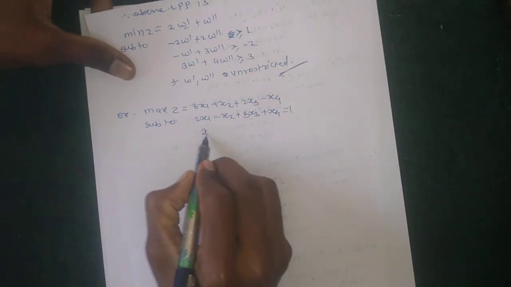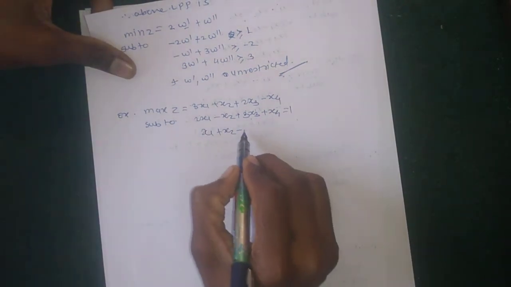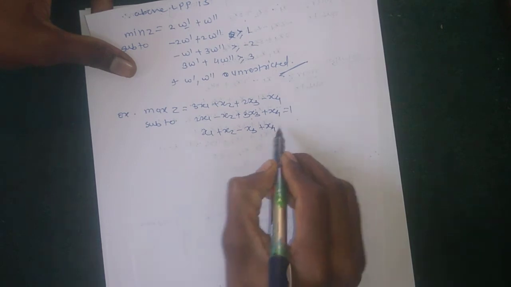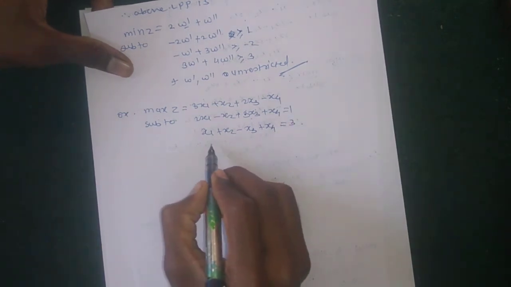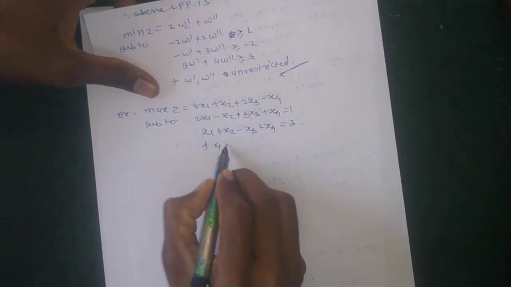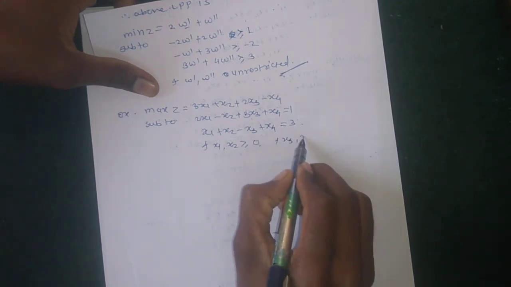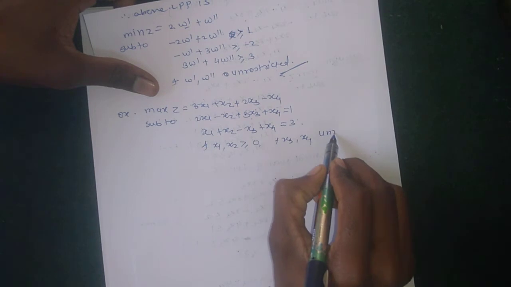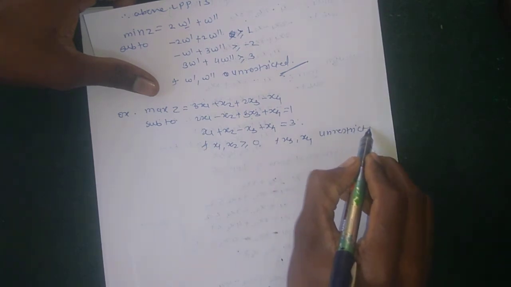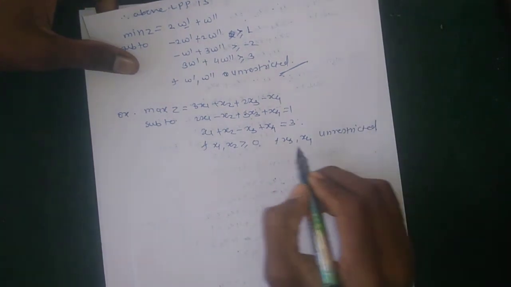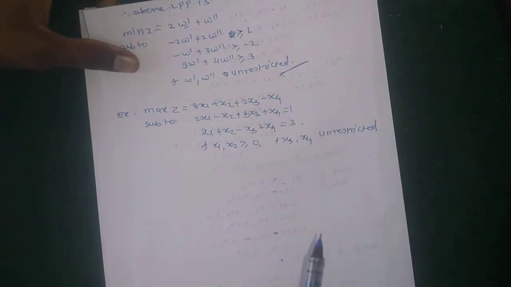The second constraint is x1 plus x2 minus x3 plus x4 equal to 3, and the only condition given is that x1 and x2 are greater or equal 0, and x3 and x4 are unrestricted. Okay, so x3 and x4 are given as unrestricted.